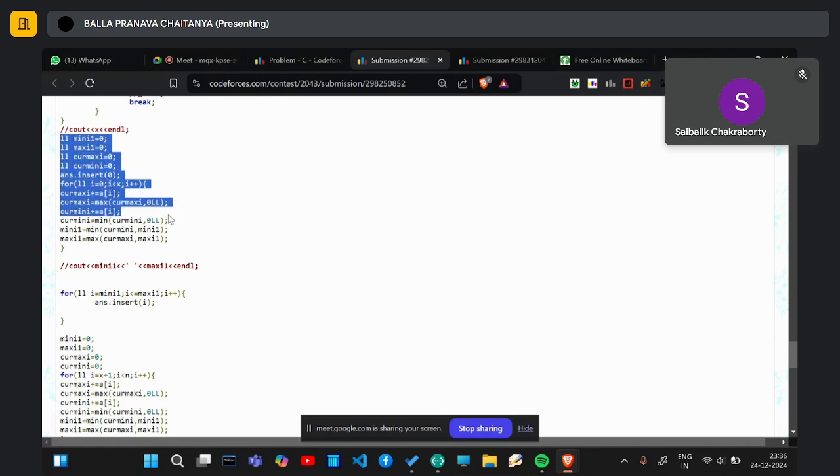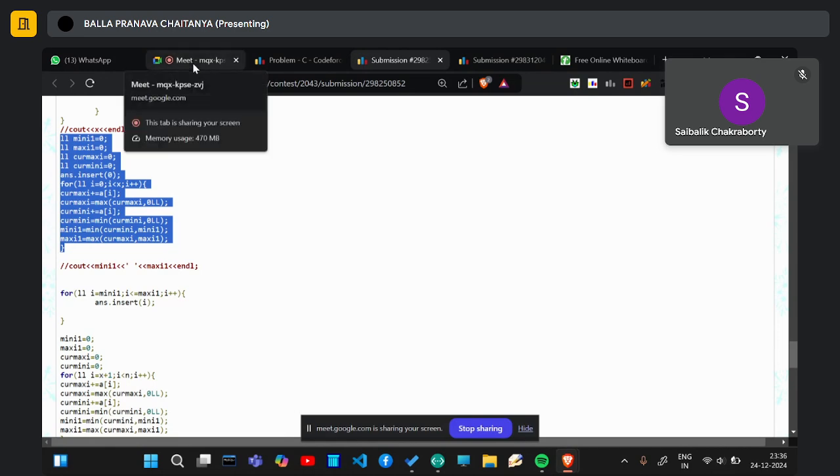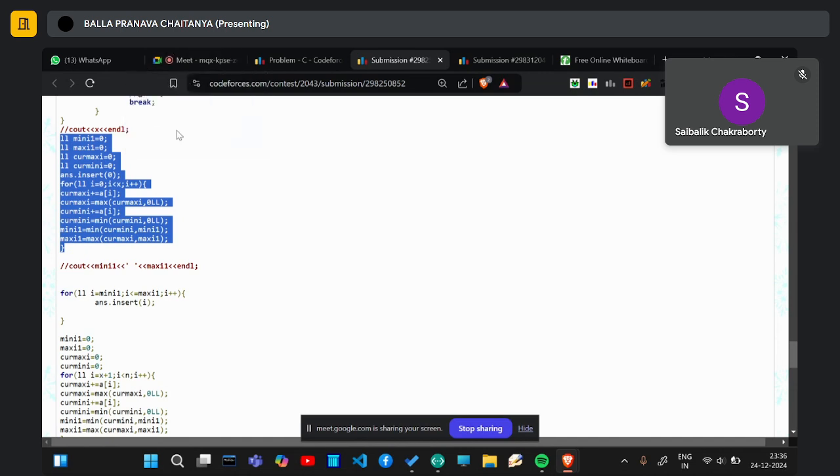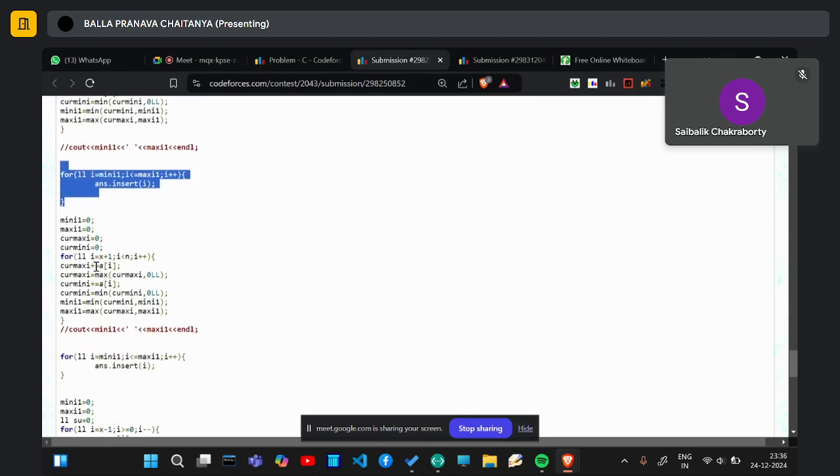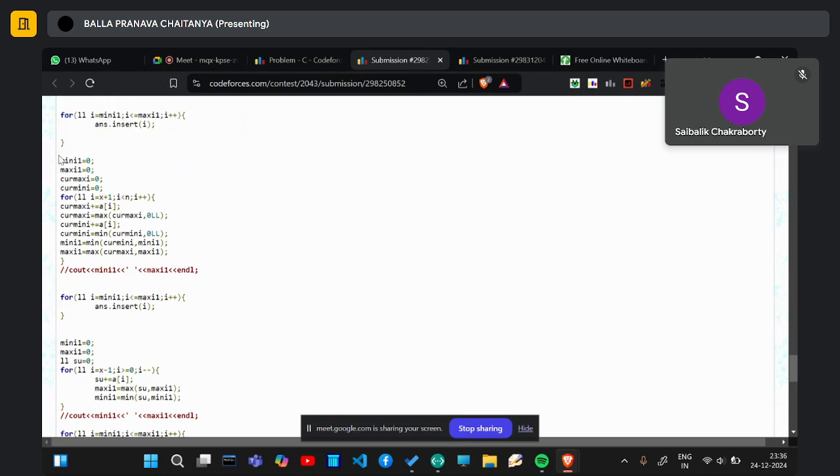I've used the greedy algorithm here to find the range of sums that I can produce in the left subarray, which we split into three parts: the middle element is different, then the left part and the right part. This is for finding the ranges in the left subarray, what sums we can get. After that, I pushed all of them into the set. And then similarly, I've done it for the right subarray.